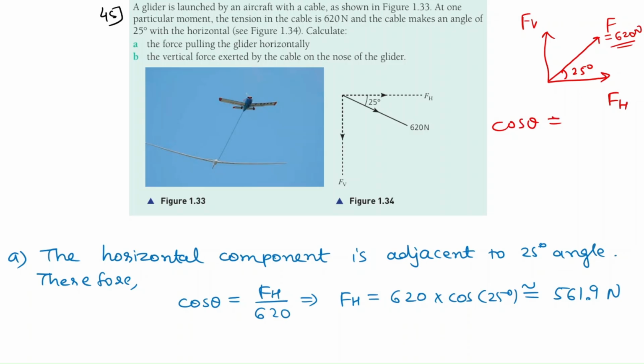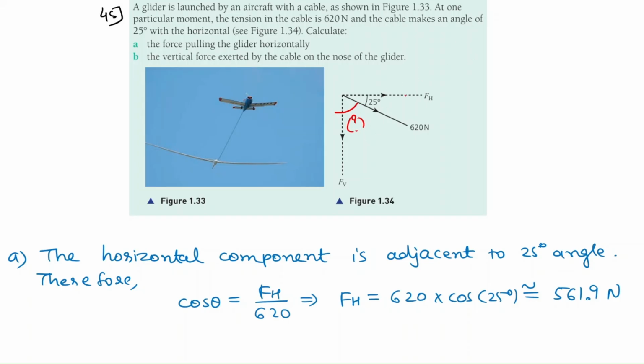Cos theta means adjacent upon hypotenuse. Then make FH the subject, take F to this side, and you get FH equal to 561.9 Newton.